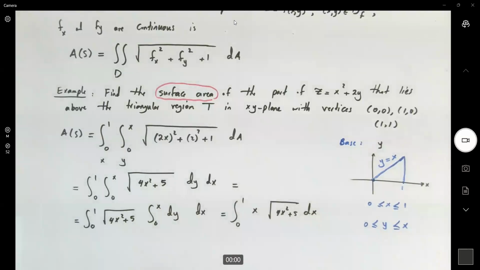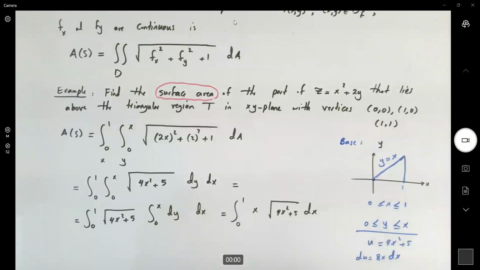You can use u substitution. u is 4x squared plus 5. du is 8x dx. So let us multiply by 8, divide by 8.